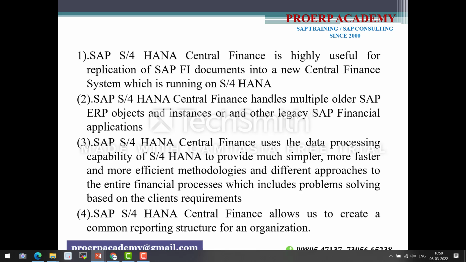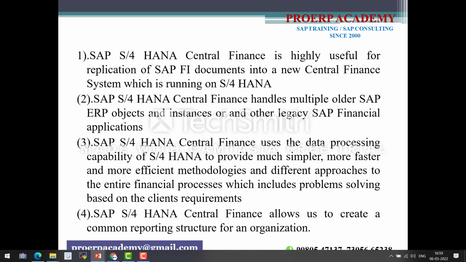All the important configurations from AR and AP processes from the traditional SAP FI system, and also one more important configuration, asset accounting, that is asset and depreciation accounting, from our traditional SAP FI system into our new central finance system.